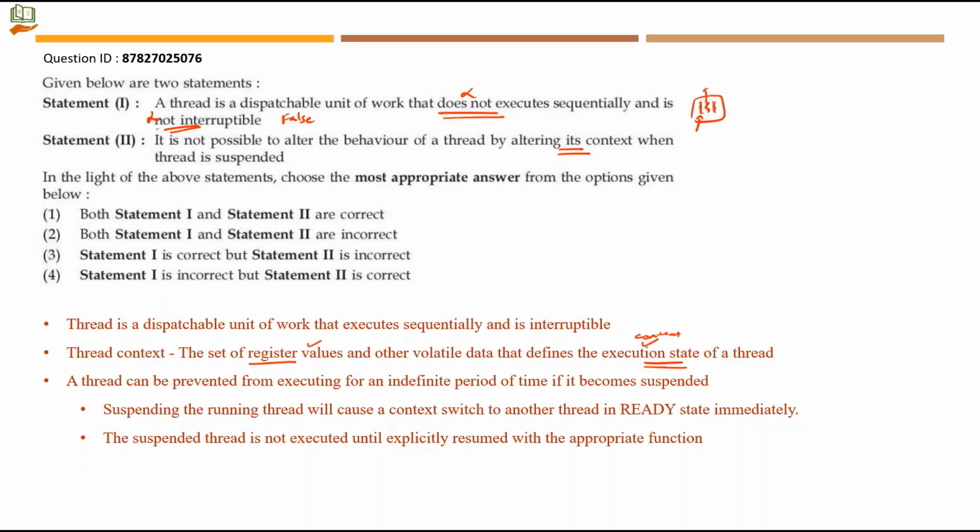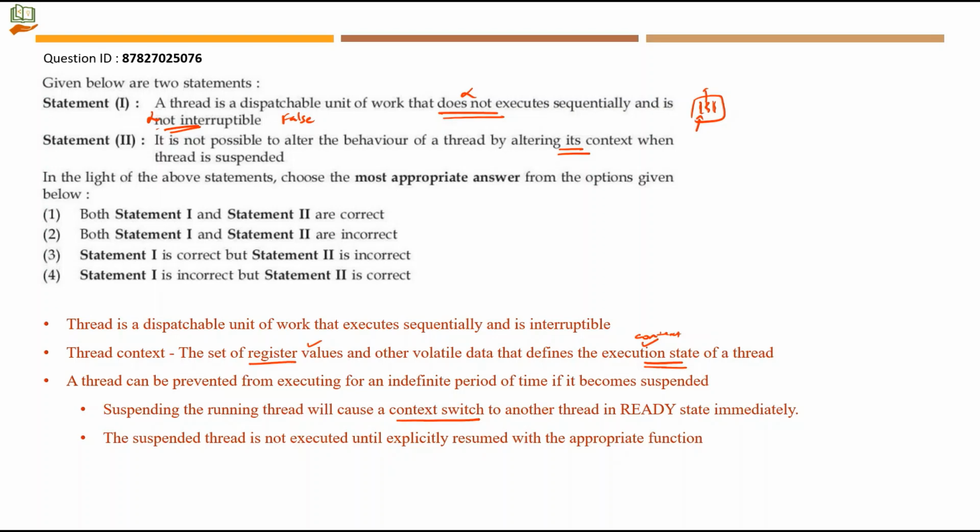A thread can be prevented from executing for an indefinite period of time if it becomes suspended. Suspending the running thread will cause a context switch to another thread in ready state immediately. If the running thread is suspended, automatically there will be a context switch to another thread which is waiting in the ready state.